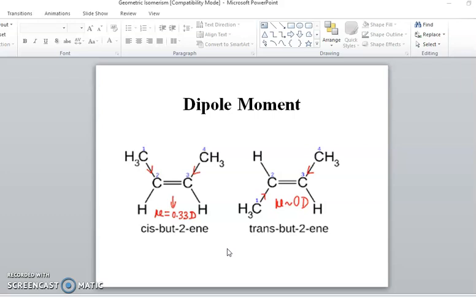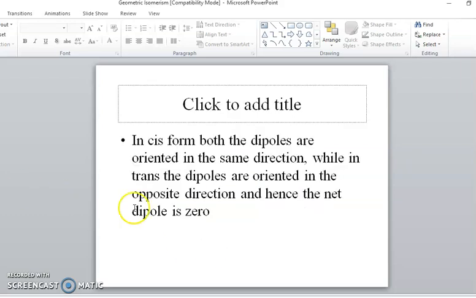So the cis isomer is a polar molecule, while the trans is non-polar. That's the difference. Since both dipoles in cis are oriented in the same direction, while in trans they are oriented in opposite directions, the net dipole is 0.